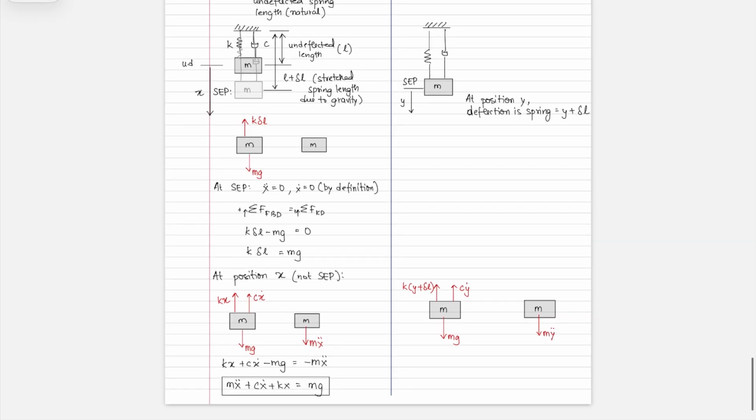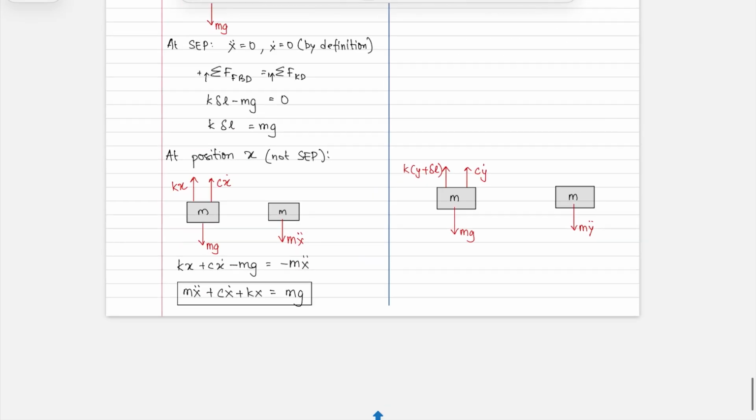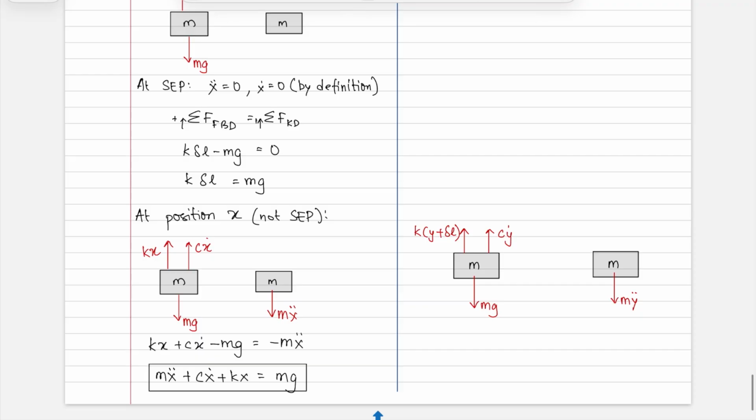You now have k times (y plus delta L) plus c y dot minus mg is equal to m y double dot.